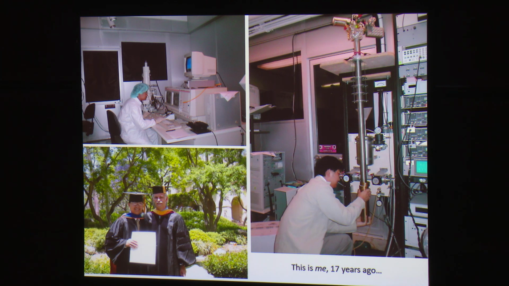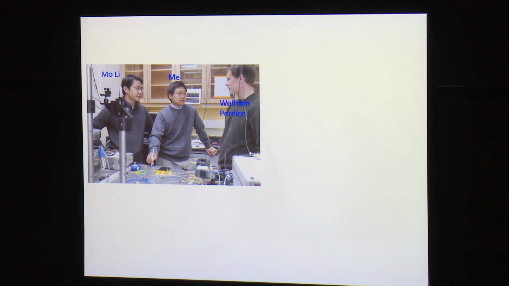At Caltech, I was working on magnetic semiconductors out of Roukes' lab. I never touched any optics. I don't even know what a laser looks like. Never touched any fiber, never touched any mirror. So after I went to Yale, we decided to work on photonics. So here's me again. I was very happy and very lucky to be able to recruit a graduate student from Roukes' lab, Mo.